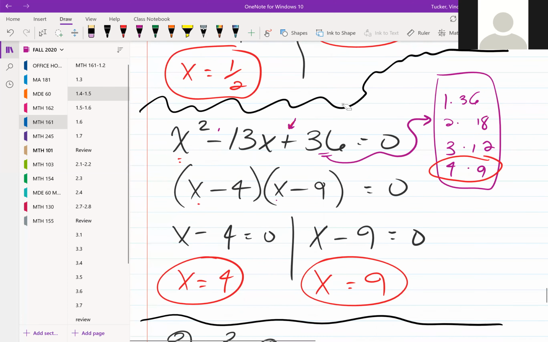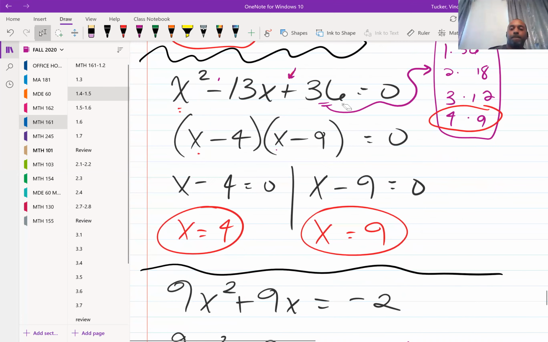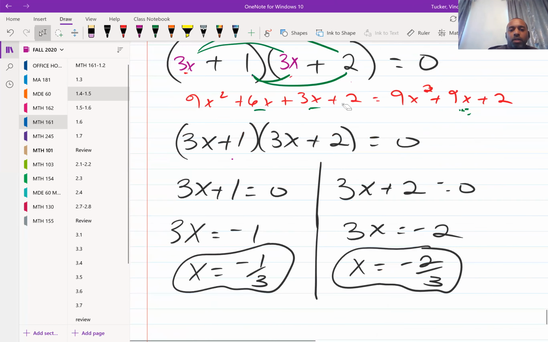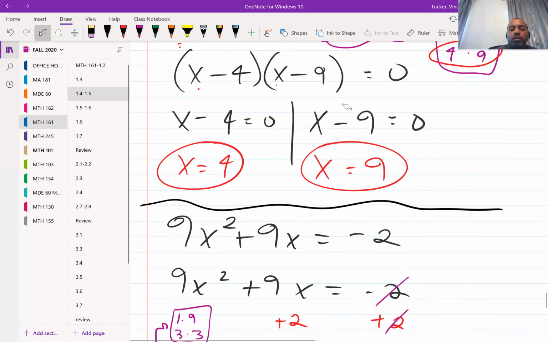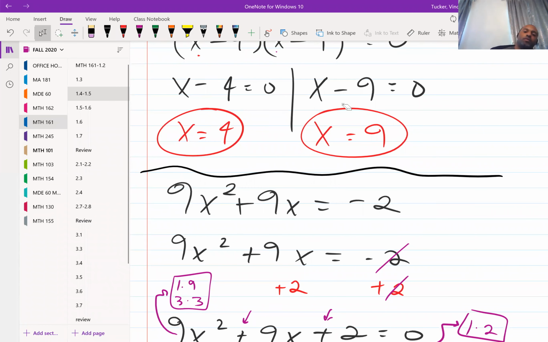All right, everybody good? I think we got at least one more like this, and then we'll go from there. So next one. Once again, if we don't have 0 on one side by itself, we do need to make that happen. So that's what I did here. We have 9x squared plus 9x equal to negative 2.